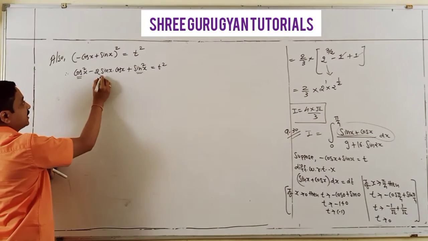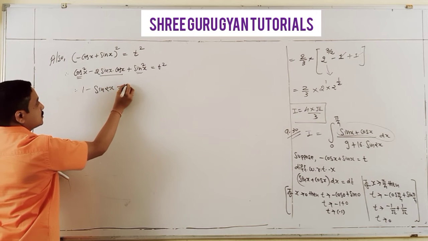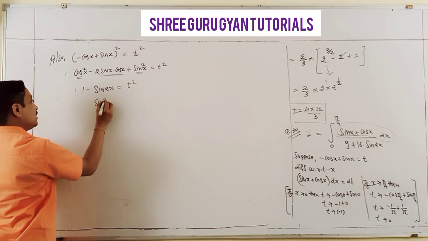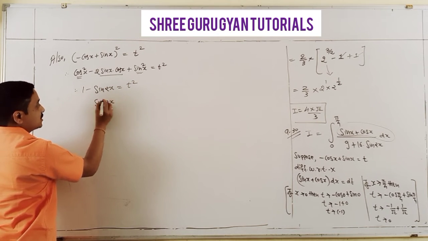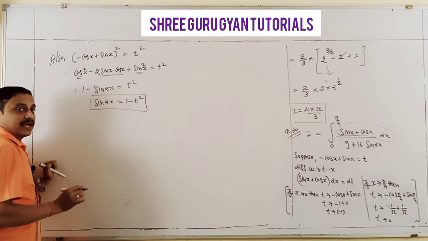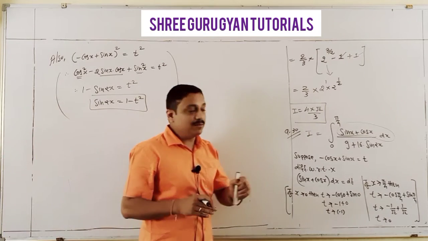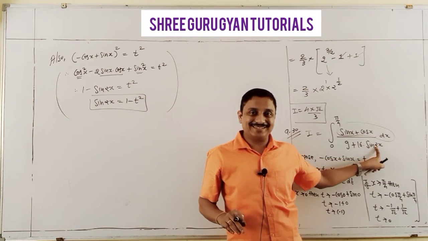It is 1, and that is sin 2x. So 1 minus sin 2x equals t square. Correct. It is a repeat question, students. Sin 2x is what? 1 minus t square. That value you attach in place of sin 2x.